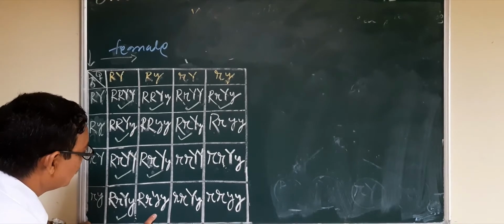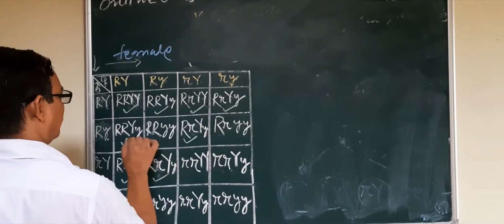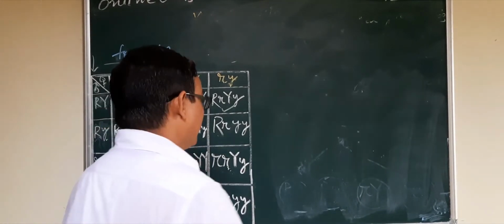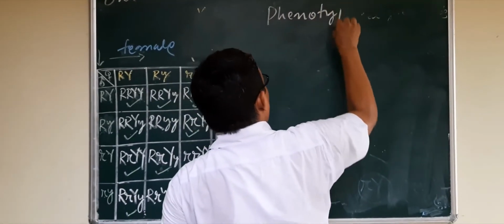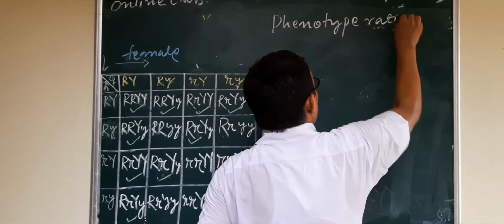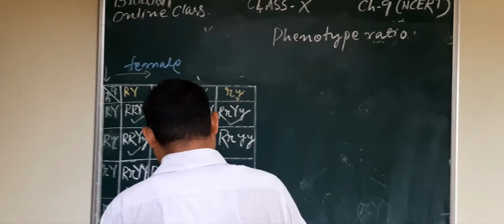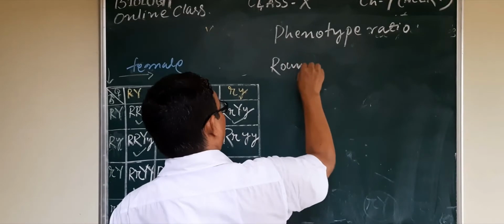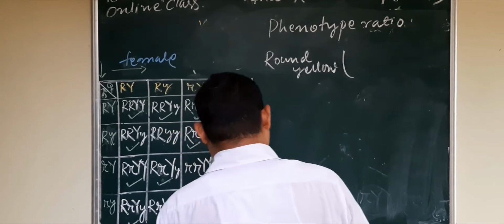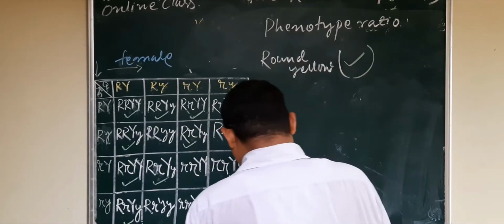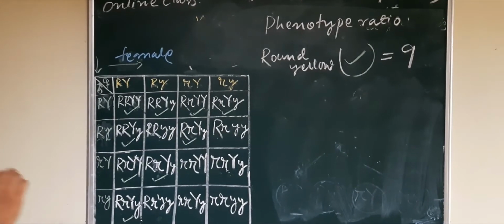This is no, this is yes. So what is the result? 1 2 3 4 5 6 7 8 9. So write it this way, phenotype ratio: round yellow, 9. You have given a tick mark for this, and after calculation you have got this one. In this way the first one is completed.